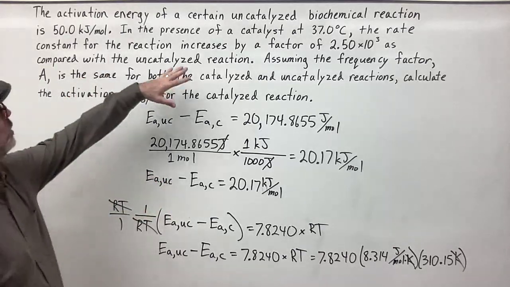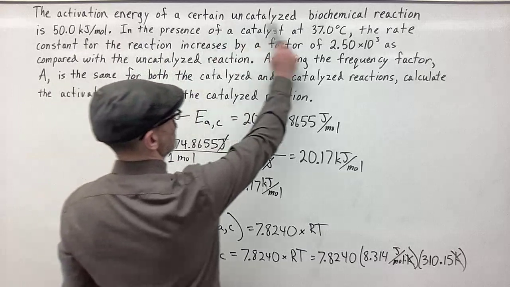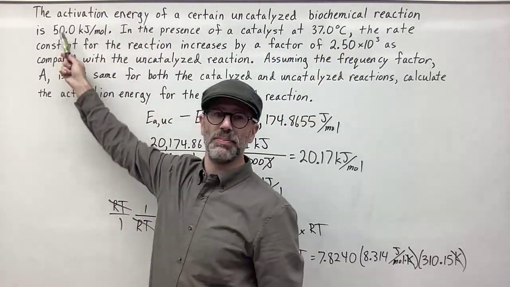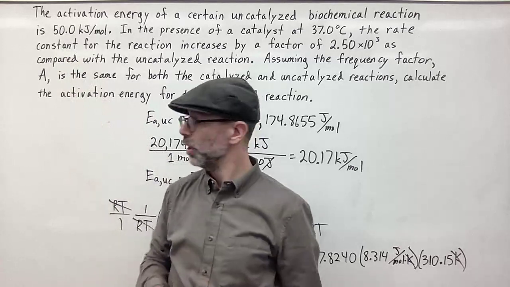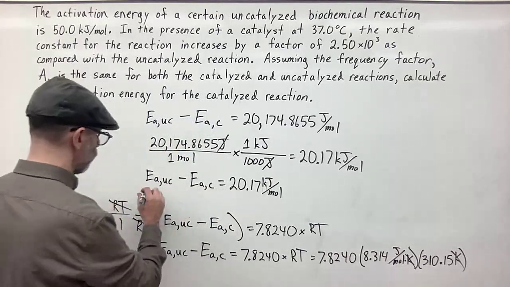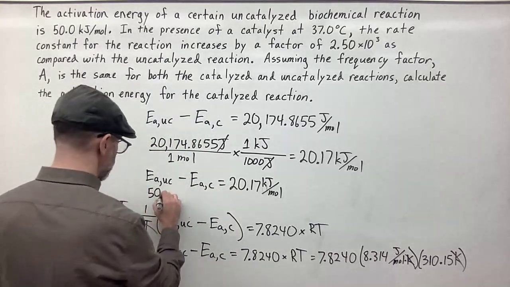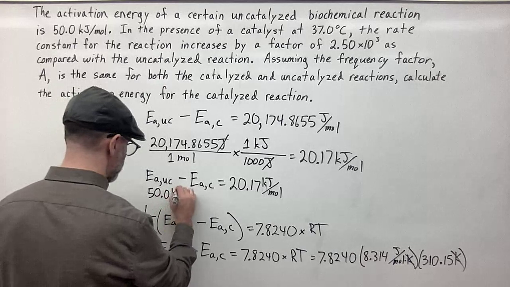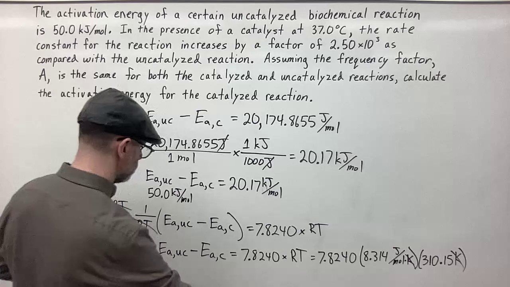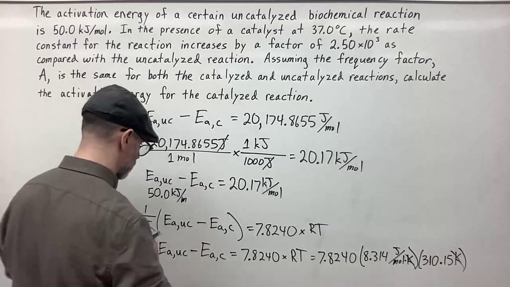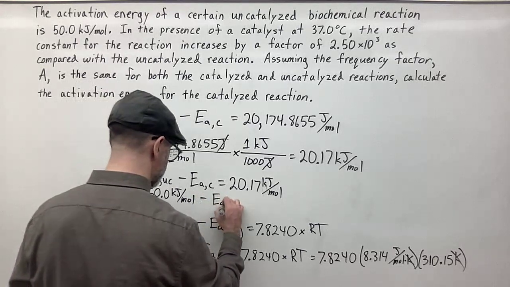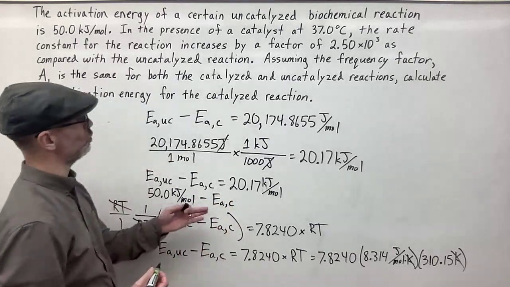So I was told that the uncatalyzed biochemical reaction, the activation energy of that one is 50.0 kilojoules per mole, right? So I'm going to put that in here. So that's going to be 50.0 kilojoules per mole minus the activation energy of the catalyzed reaction, which is what we're being asked, right?